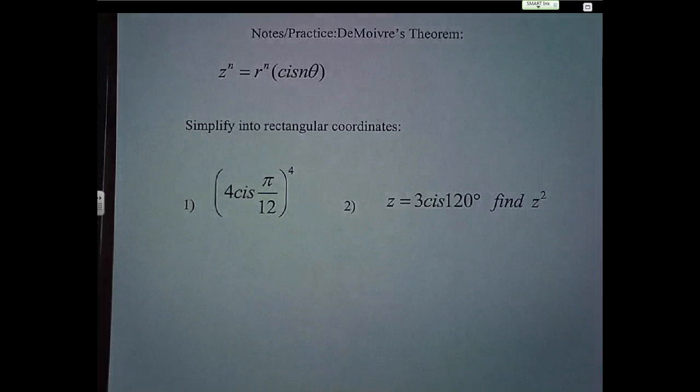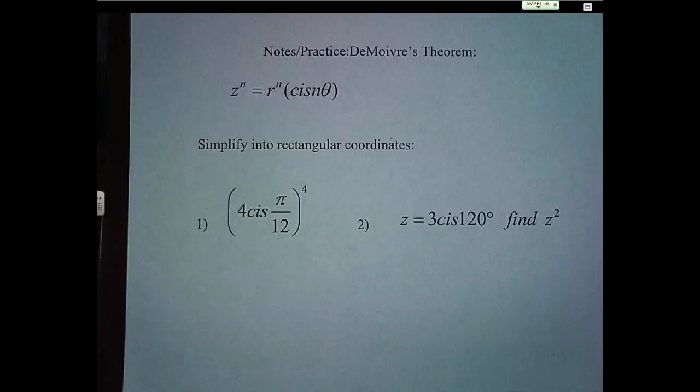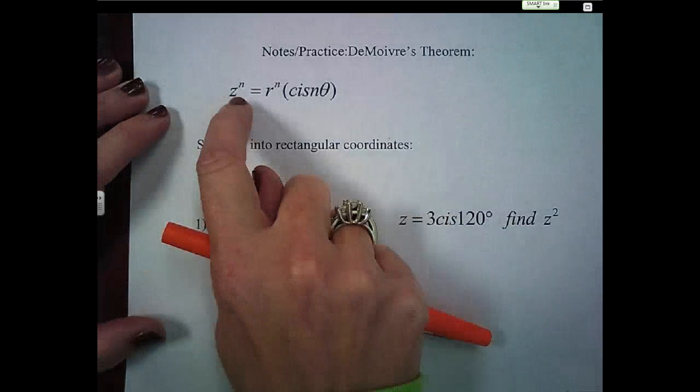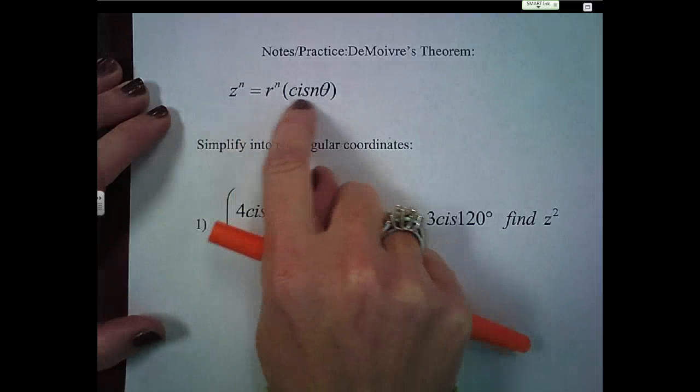So if we look at the top of the notes, it's actually the formula of why I told you that you needed to start with CIS every time. You have to start with CIS because if you're trying to turn something into rectangular form, in other words, if I want z to the fourth power, then this is the theorem that will do that for you.